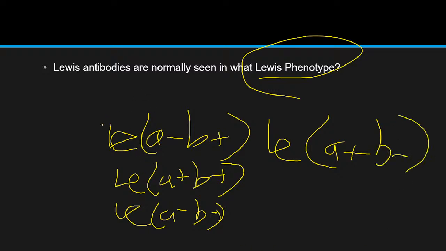What do you think? Which of the following phenotypes will produce antibodies? Anybody?